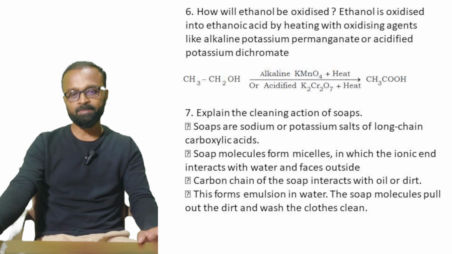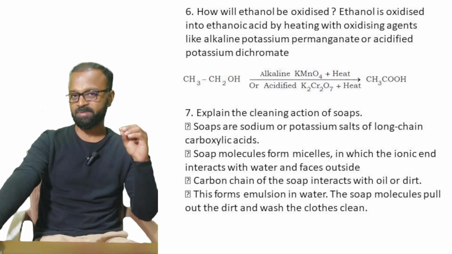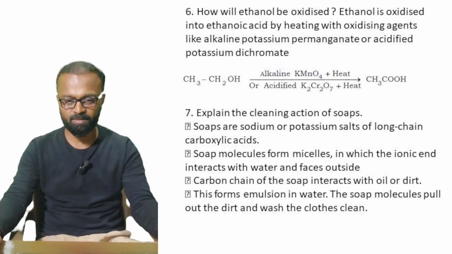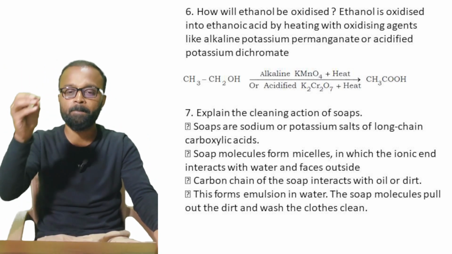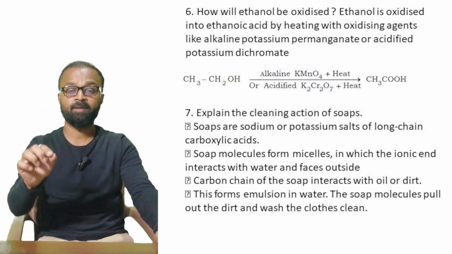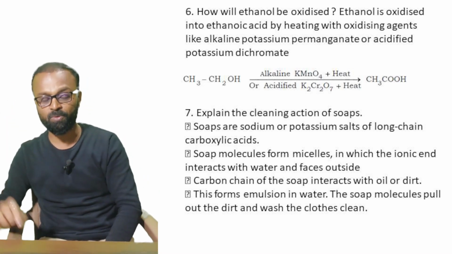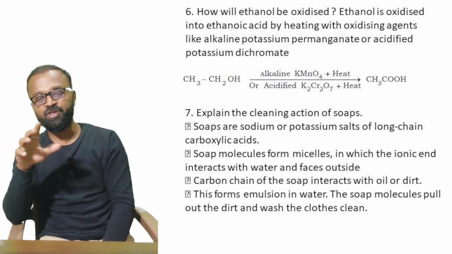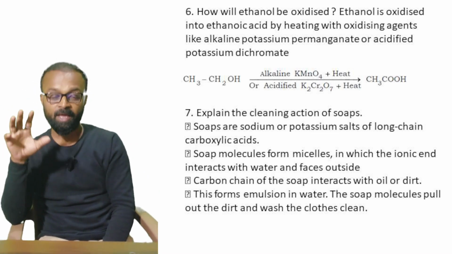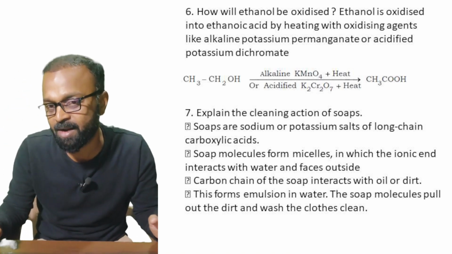So it's very very simple. Ethanol, if you use the oxidizing agents like, see, don't write directly the equation, first you explain point wise. Okay, ethanol is converted to ethanoic acid by using the oxidizing agent like alkaline potassium permanganate, write in brackets KMnO4, or acidified potassium dichromate, write in brackets K2Cr2O7, and when heated it will get converted into ethanoic acid, or commonly called ethanoic acid as the acetic acid.